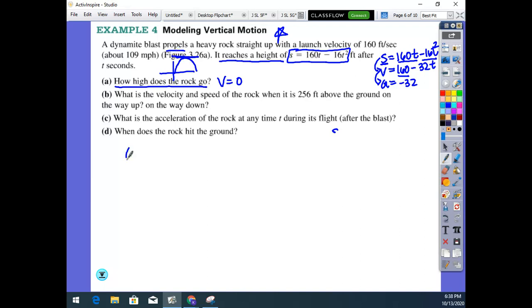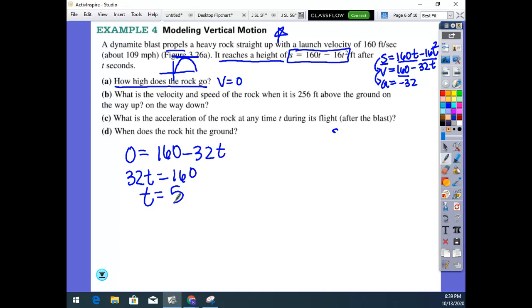So what I'm going to do is set my velocity equation equal to 0 and solve for t. Add 32t, divide by 32, and I get t equals 5.